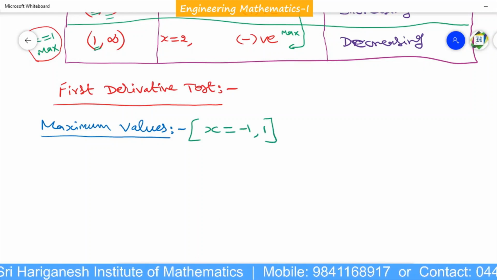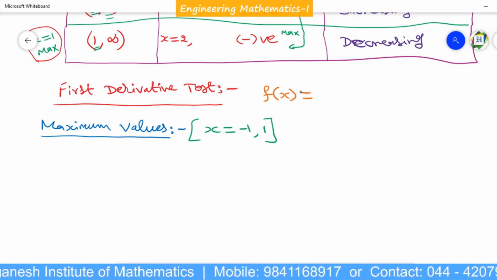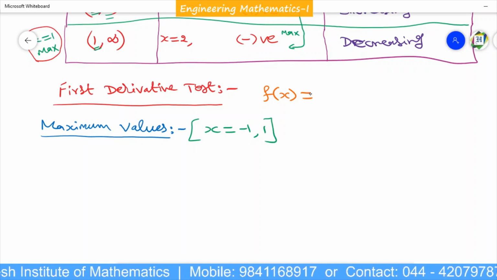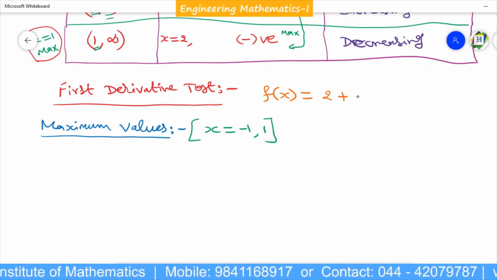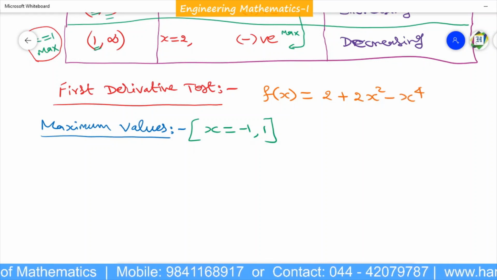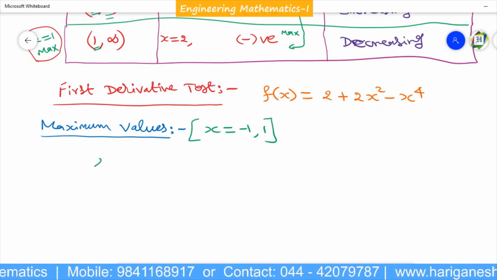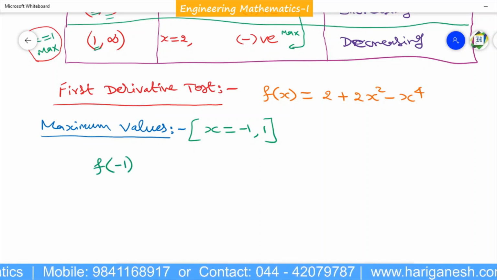In this problem, f of x is given by 2 plus 2x square minus x power 4. To find the maximum value, I am going to find f of minus 1.